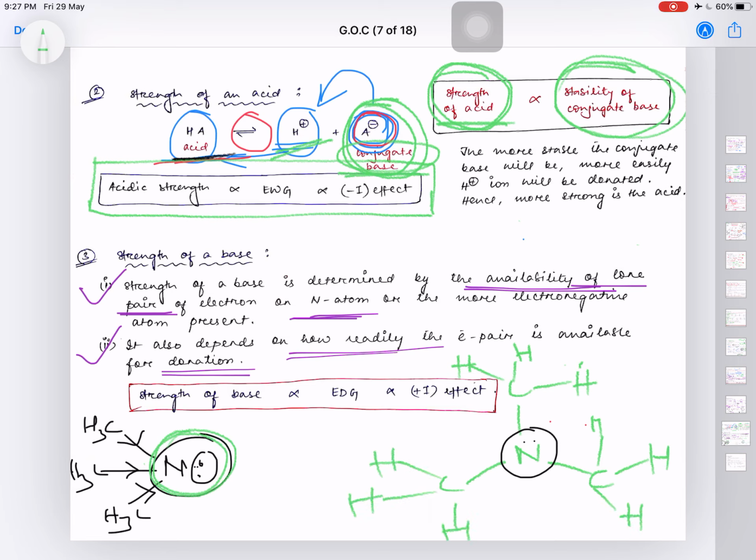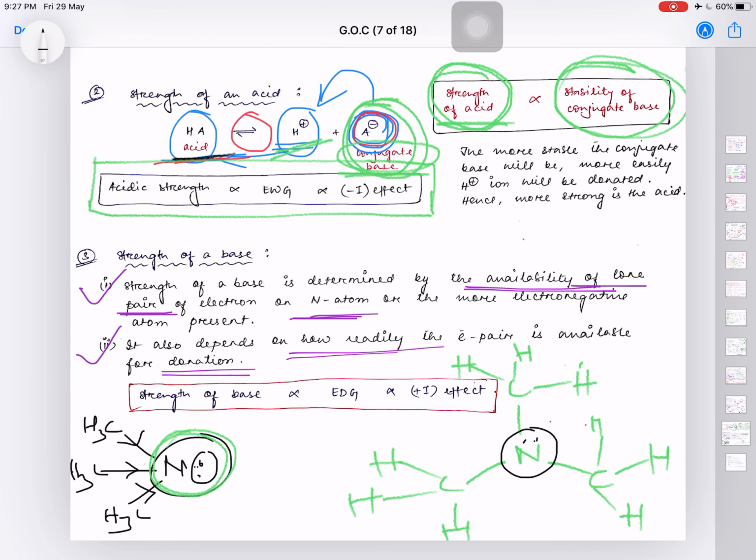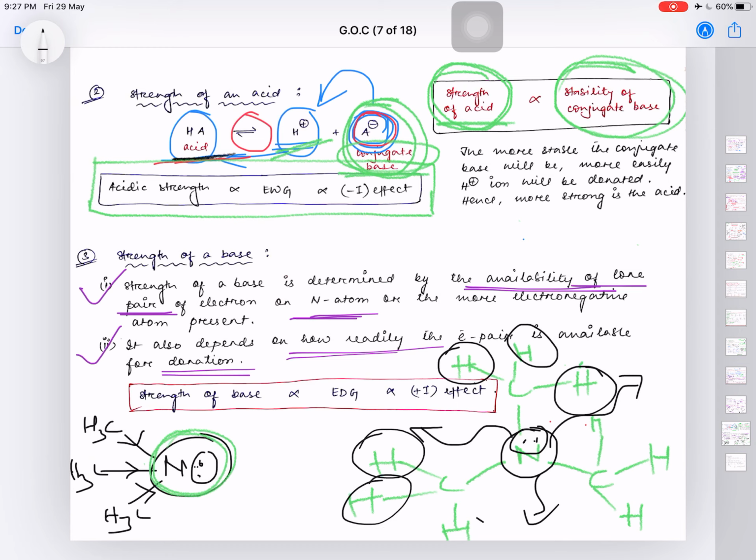Since all the hydrogens are spread, it is very bulky, so this lone pair cannot go and reach other atoms, means this nitrogen cannot donate its lone pair. Because it is already crowded, there is no space for this lone pair to go out and reach other atoms. So that's why basicity decreases. So the first point is you should see availability of lone pair.